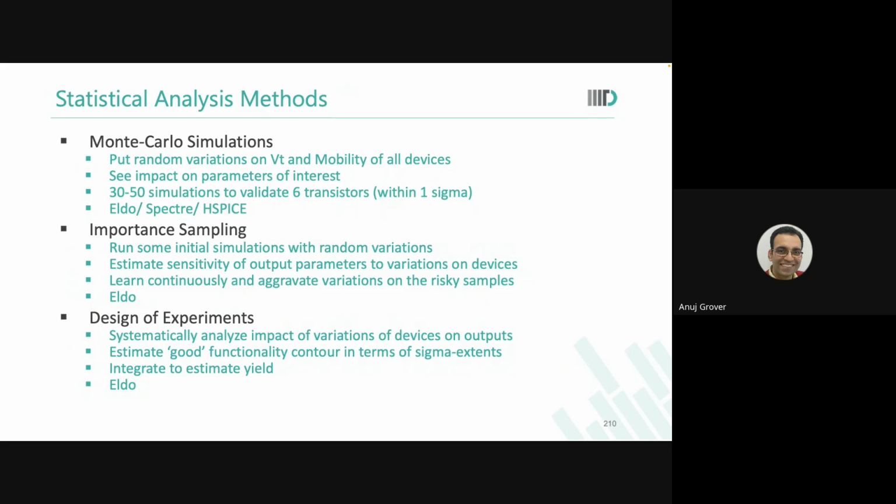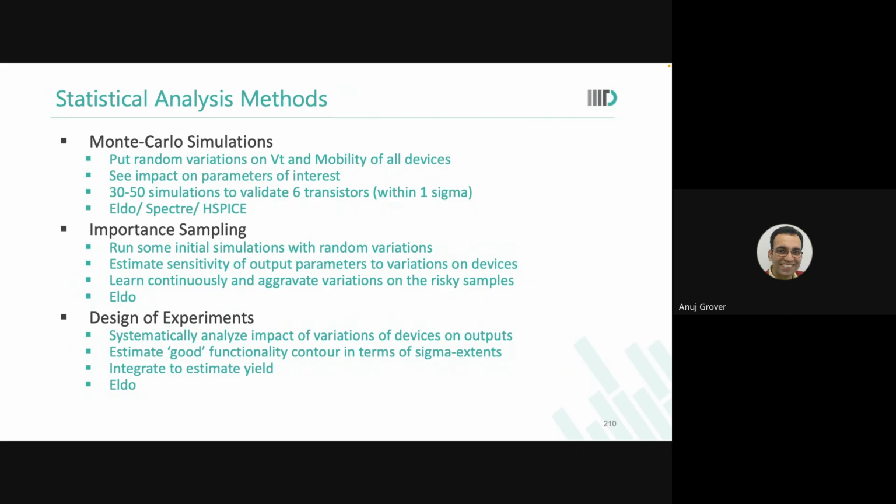Okay. So we, as designers, started to evolve other methods than Monte Carlo, where one of the methods was importance sampling, where we said that, okay, let me first run 50 random simulations with uniform distribution. And because I have varied 10 parameters across these 50 simulations, I will see variations in which of the parameters impact the variations in my output more significantly.